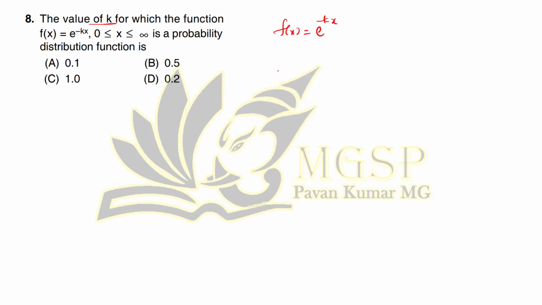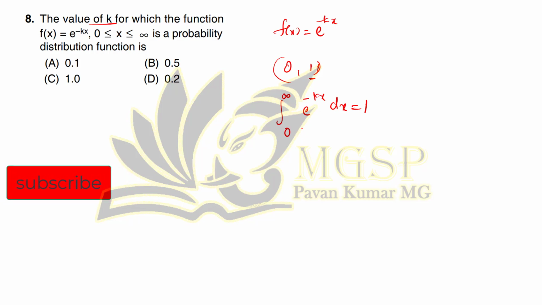The total probability is 1, so the integral from 0 to infinity of e power minus kx dx is equal to 1.